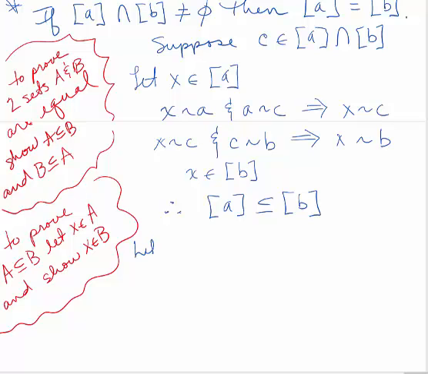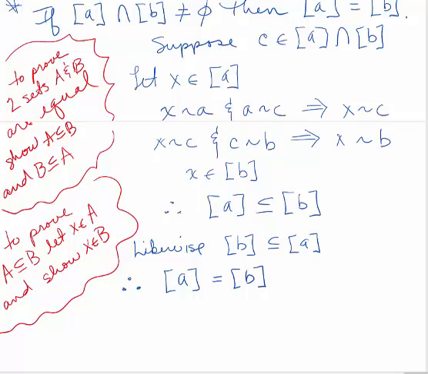Likewise, you should try to make sure that you could prove the equivalence class of B is a subset of the equivalence class of A by following exactly the same logic. Therefore, we can conclude that the equivalence class of A is equal to the equivalence class of B.